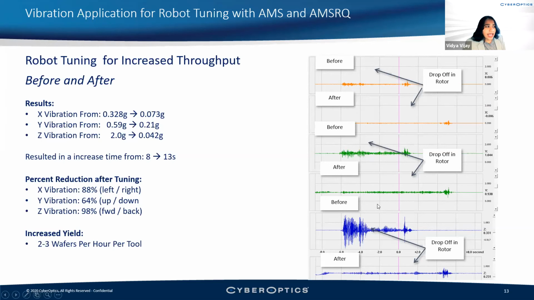What happens at the end after tuning the robot? First of all, your vibration is reduced. Anytime vibration is reduced, it means the wafer or the reticle is going faster, so it's traveling less time. But it can also indicate things beyond tuning.